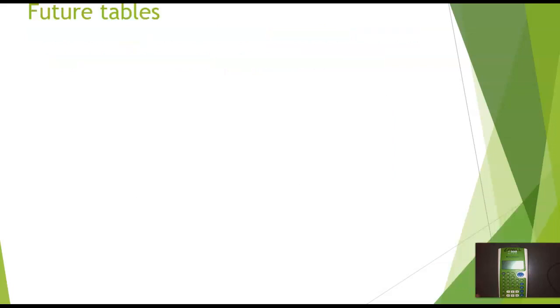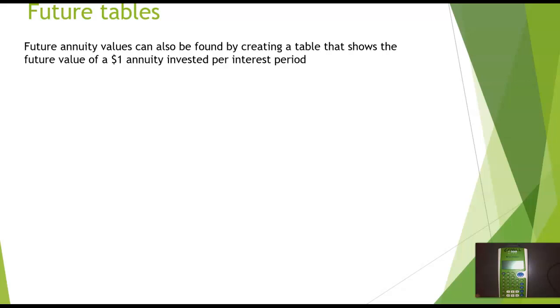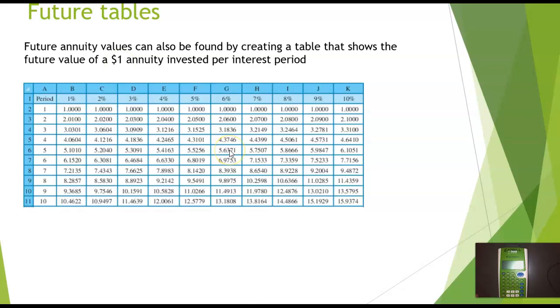Future value tables. What are future value tables? So a table is sometimes created, and it's usually when we're doing large investments, where we can work out what $1 would give and then multiply by this value in the table.